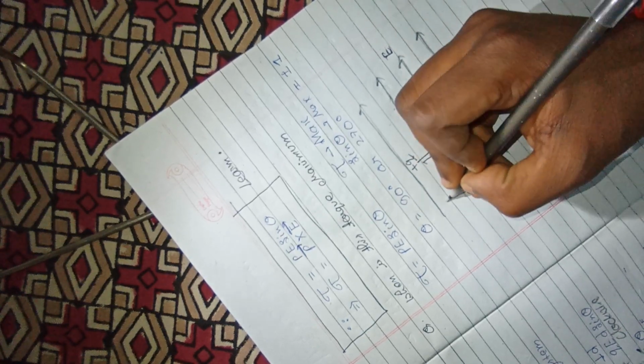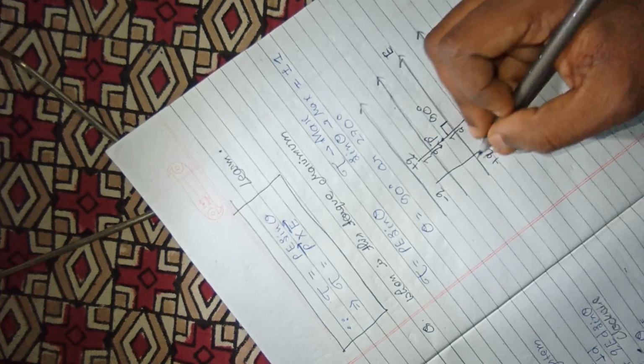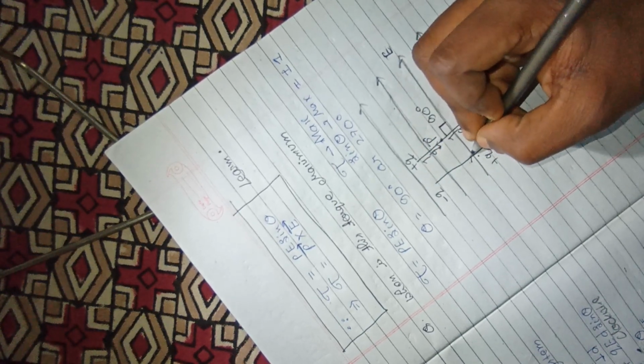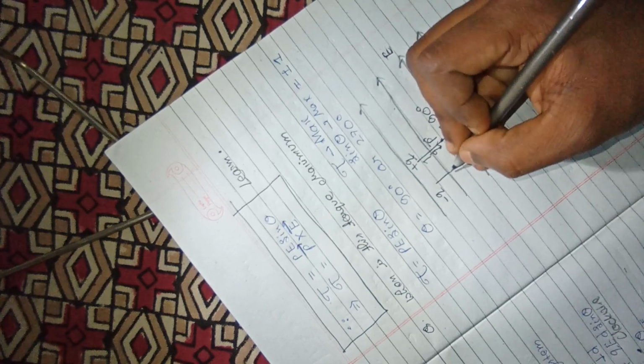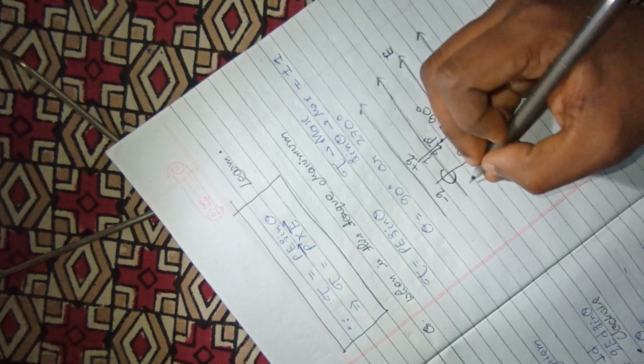And second one: this is minus q, this is plus q, we have made a dipole, the direction of the electric dipole moment is this, and this is making angle theta, which is our 270 degrees.